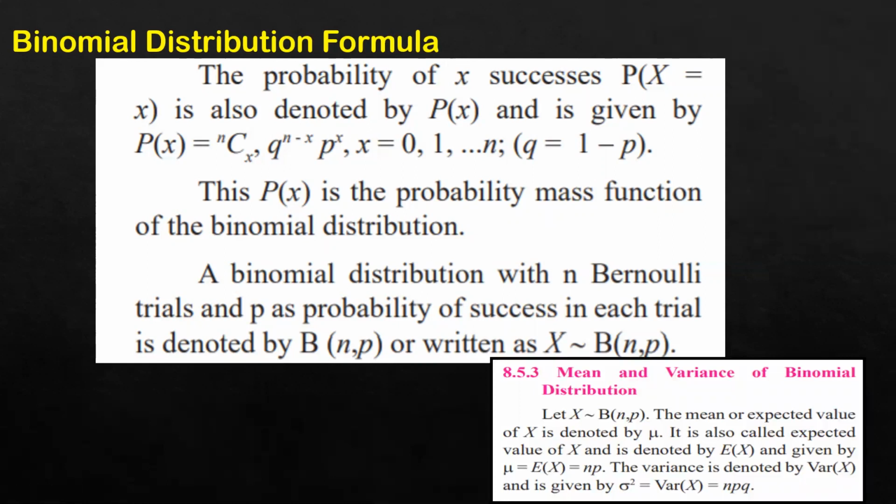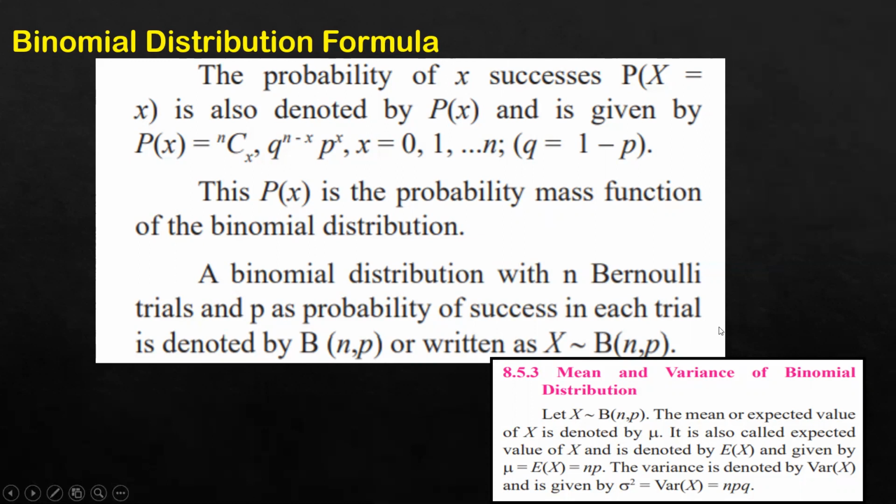For your information, the mean and variance of binomial distribution. This we have already covered in the first exercise. X follows B(n, p), that is binomial with parameters n and p. The mean or expected value of X is denoted by mu.